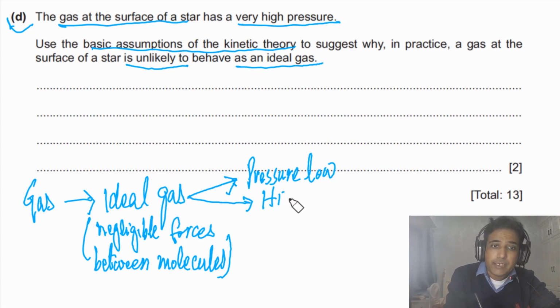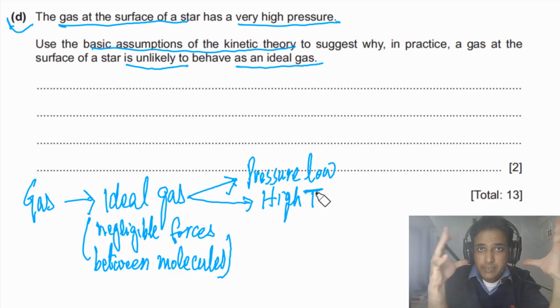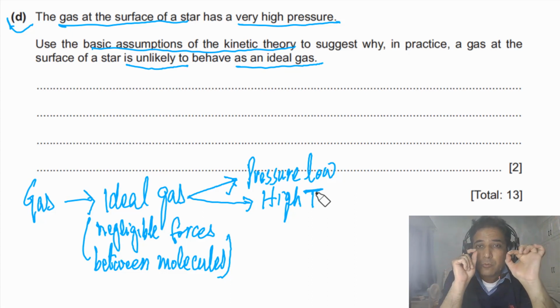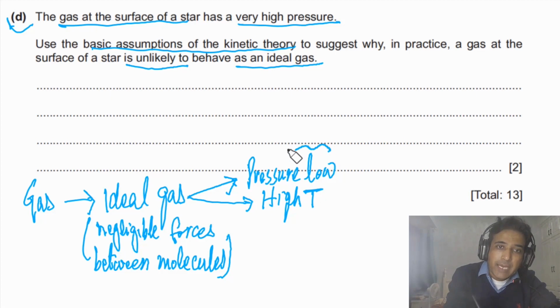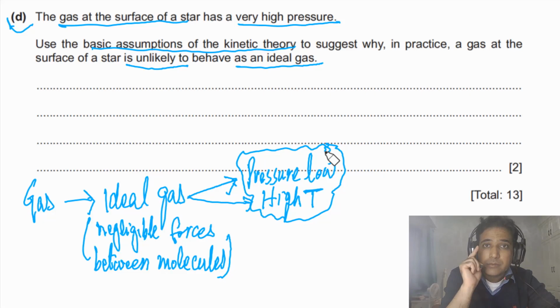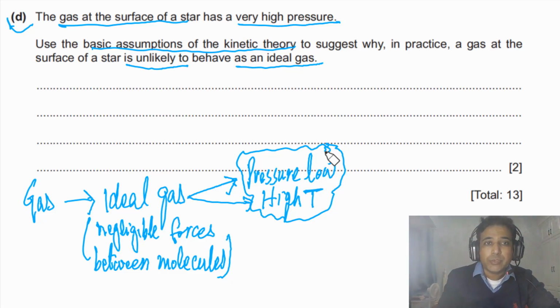High temperature means molecules have higher kinetic energies, so they are away from each other. In that case, volume of the molecule is negligible as compared with volume of the gas. So gases behave as ideal gases at low pressure and high temperature. But if pressure is high, gases do not behave as an ideal gas. So this is the main point. I hope this is clear to you.